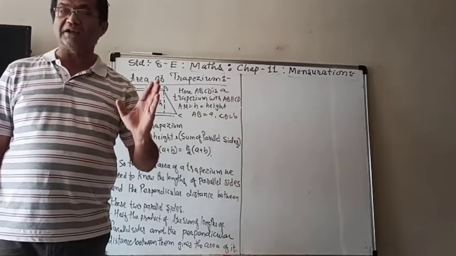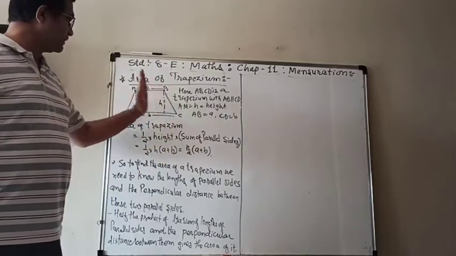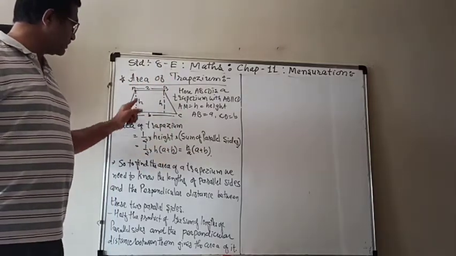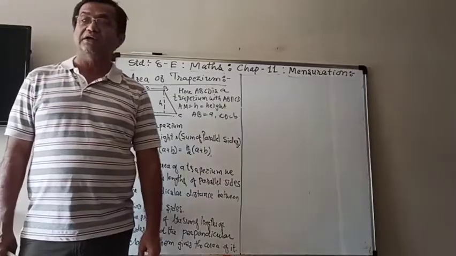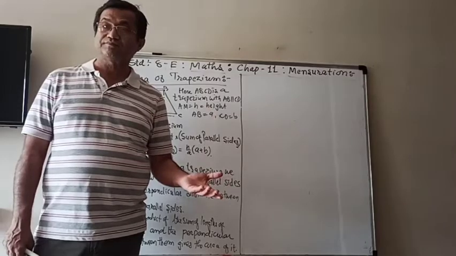Means exactly at 90 degrees we have to draw it, and then find the length of that perpendicular distance, which is also known as height.